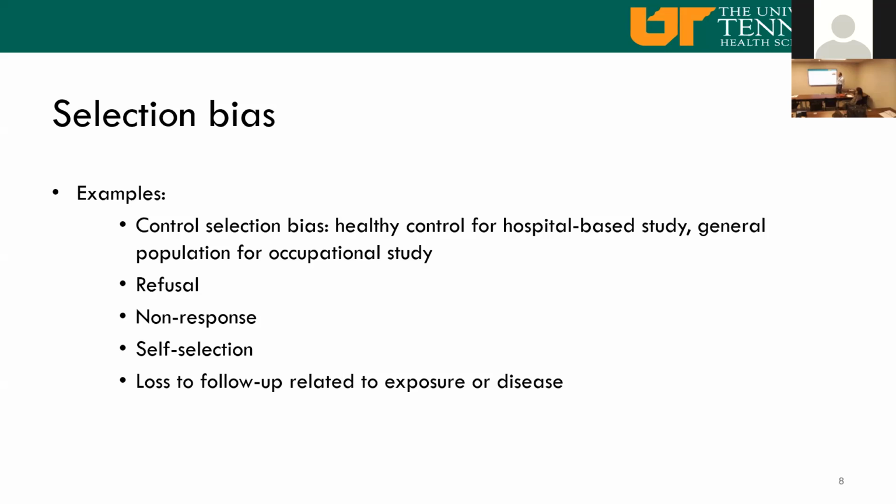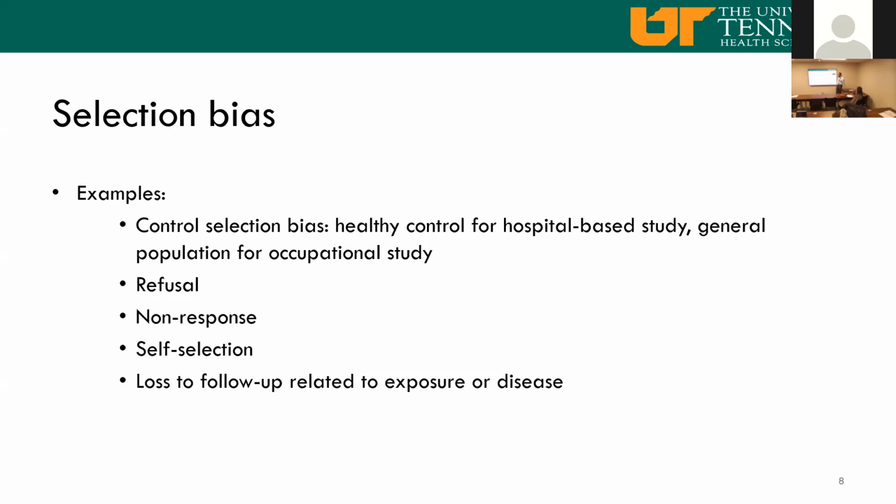Other examples of selection bias include refusal. When you design your study and want to collect data on participants, some might refuse based on their status, saying, I don't want to participate. If their refusal is based on the exposure or outcome of your study, that can introduce bias.